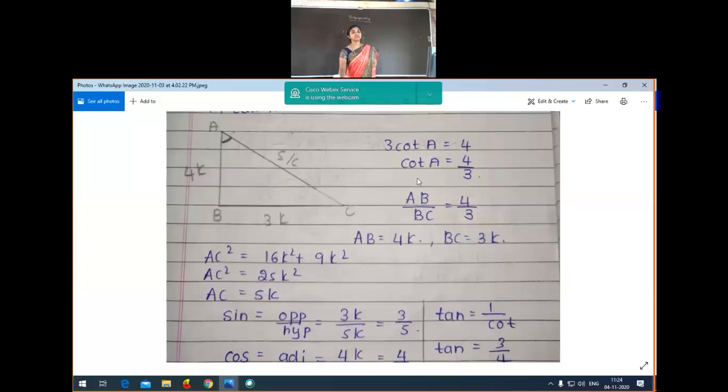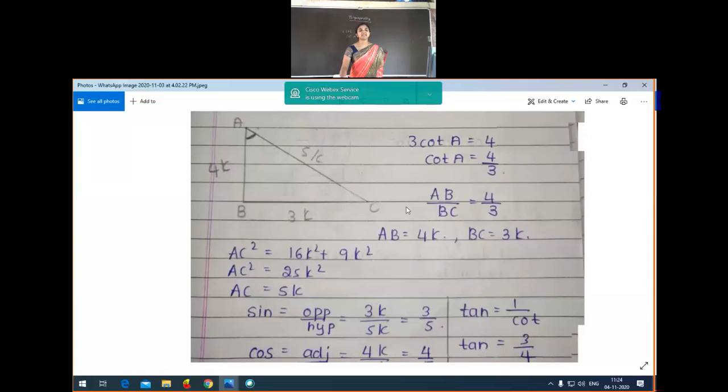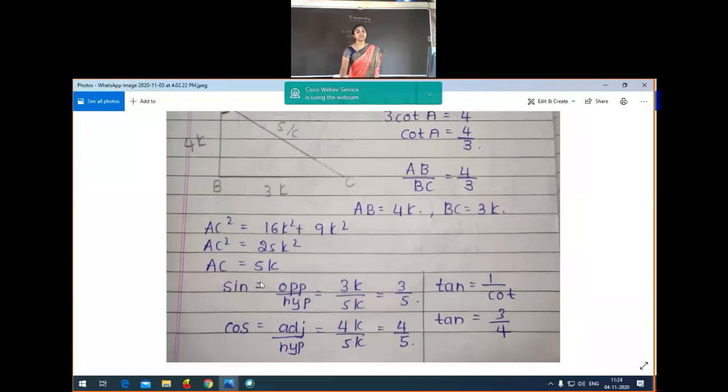So now what do we need? Tan A, cos A, sin A. Three ratios we need. We'll start with sin A. Sin A is opposite by hypotenuse. According to the marked angle, opposite is 3K, hypotenuse is 5K, so 3 by 5.